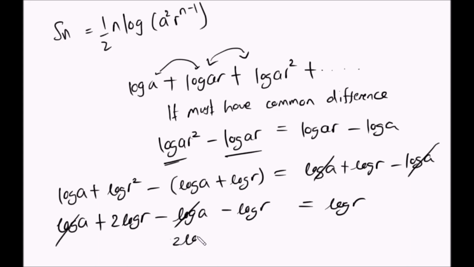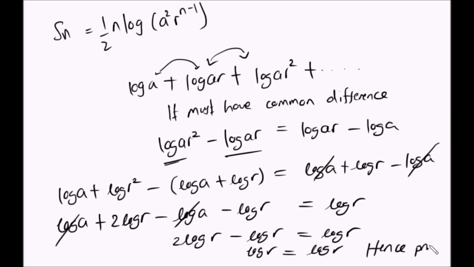Hapa tabaki na 2 log r minus log r sasa na log r. So 2 log r minus log r unapata nini? Log r, na huku tuna hiyo nini? Log r. Kwa hiyo hence proved. This series is an arithmetic progression.